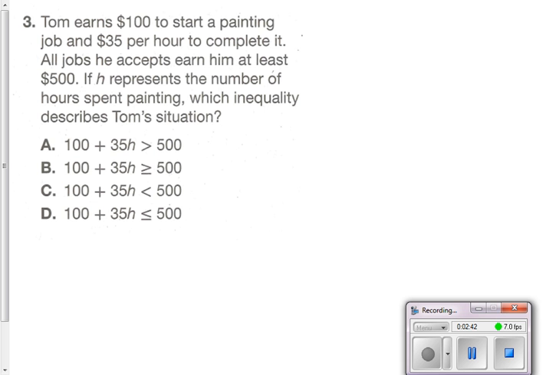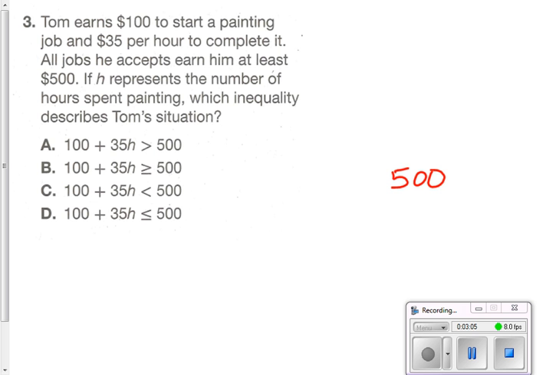Example 3. Tom earns 100 bucks to start a painting job, and 35 bucks per hour to complete it. All jobs he accepts earn him at least $500. H represents the number of hours spent painting. Which inequality describes Tom's situation? Well, we know that here's 500, his end goal. He's going to at least get that.